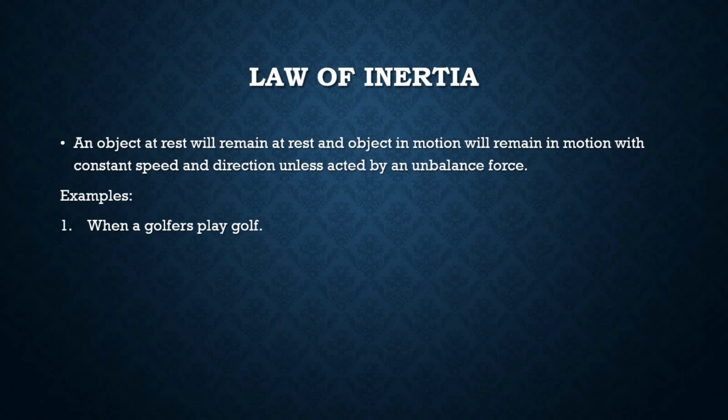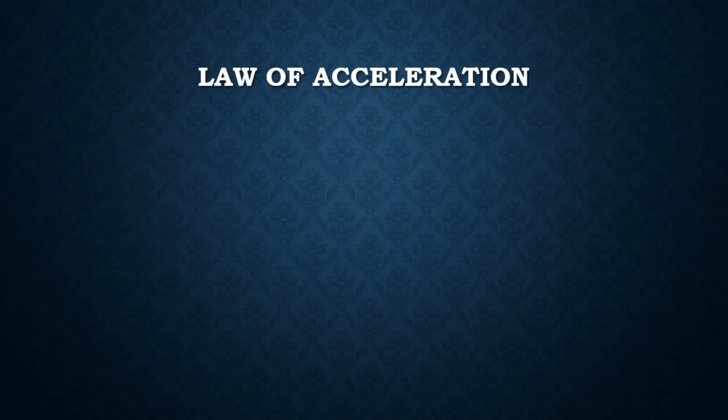The ball before the golfer hits it demonstrates the law of inertia because the ball remains at rest until the golfer swings the club to hit it. Another one is a bicycle moving at a constant speed across the street.